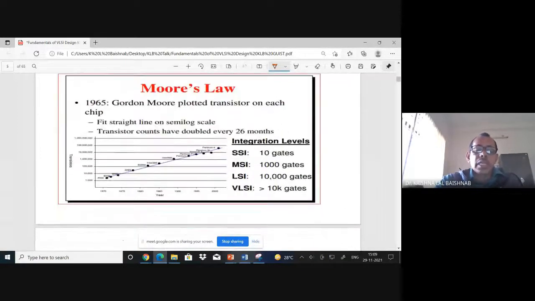Now, I already said Moore's law says, please note, that moving from one technology node to another technology node, the number of transistors doubles in a unit area. They have meant 26 months, somebody says 18 months. So that shows the straight line that is exactly given. So we are following.